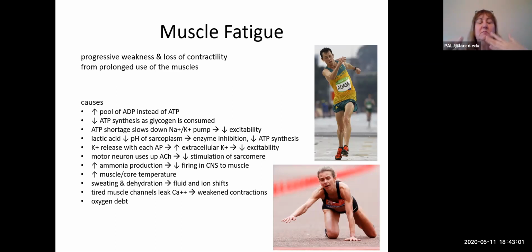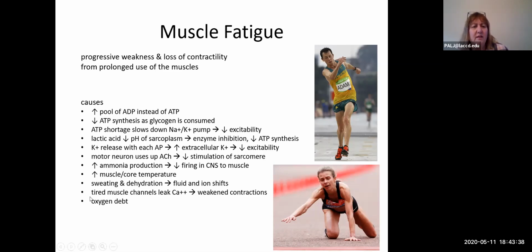And as your ATP production goes down, then your sodium potassium pump slows down, which means sodium is not outside the cell, it's inside the cell, which means you are not going to be able to depolarize. In addition, if you are relying more on glycolysis because you don't have oxygen anymore, that lactic acid decreases the pH, which then will inhibit the enzymes. So the enzymes to form more ATP aren't going to work. So go through the rest of these.